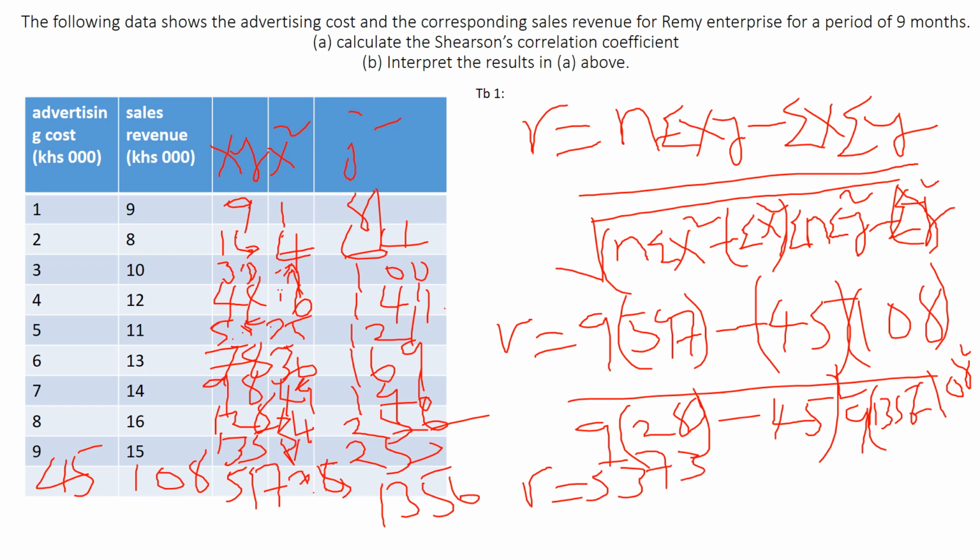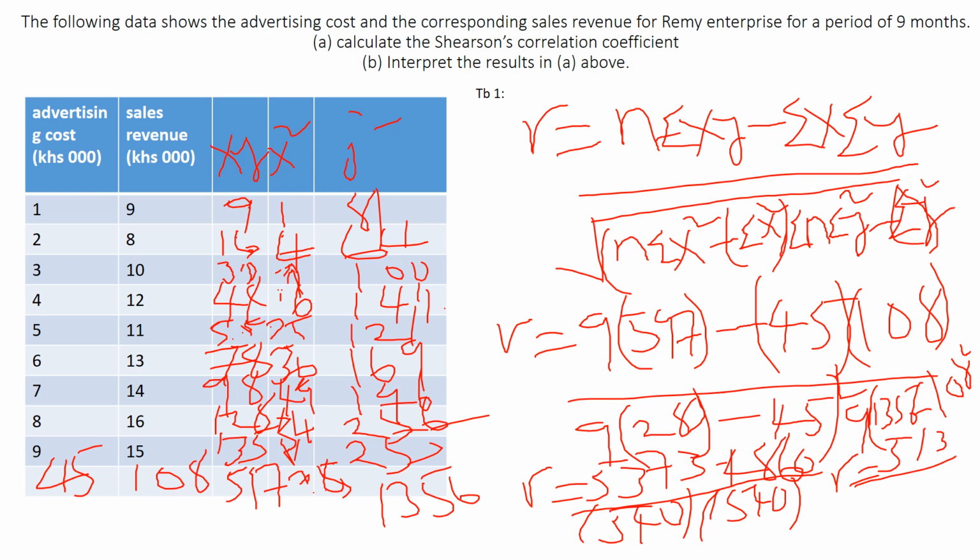So if we simplify all these, we are supposed to get our r equal to 513 divided by, remember this one is a square root, 540, so that it gives our r equivalent to 0.95.